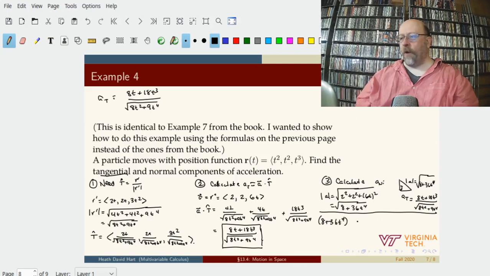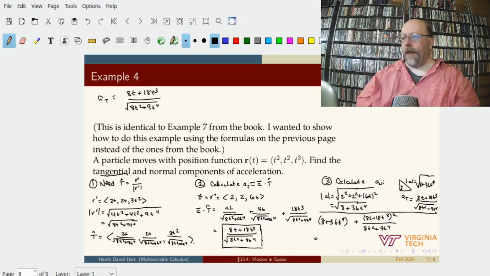This term squared is going to be 8t plus 18t cubed, squared, divided by 8t squared plus 9t to the fourth. When we square these, the square roots go away, but I do have to FOIL this out. Okay? So this is going to give me a little bit of a mess. And I'm not adding here, I'm subtracting here.